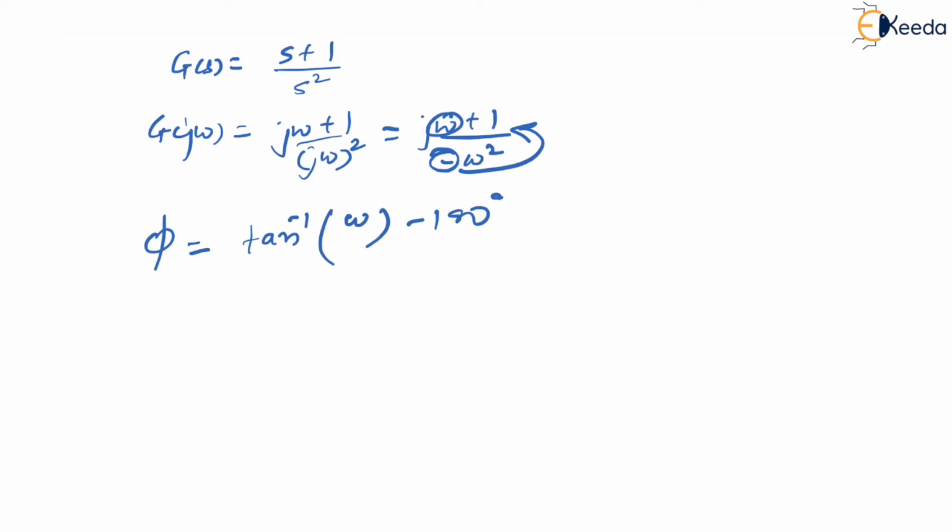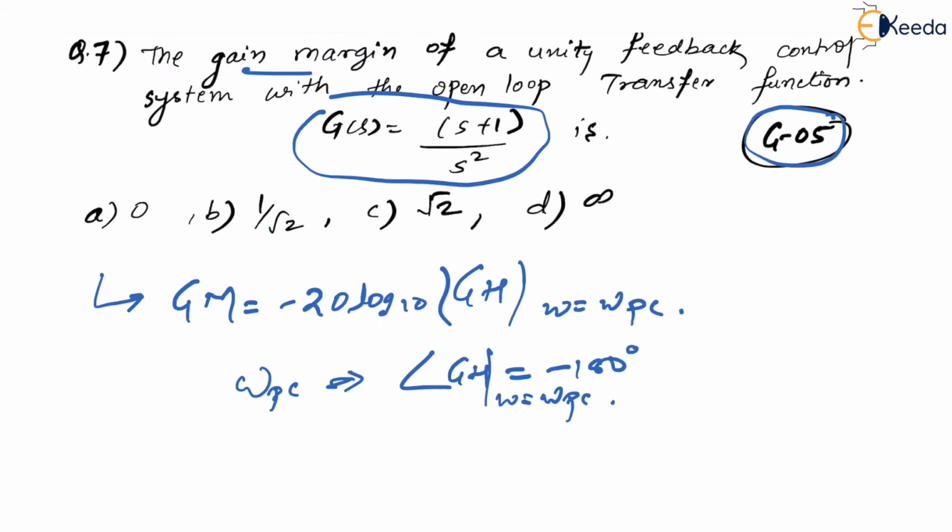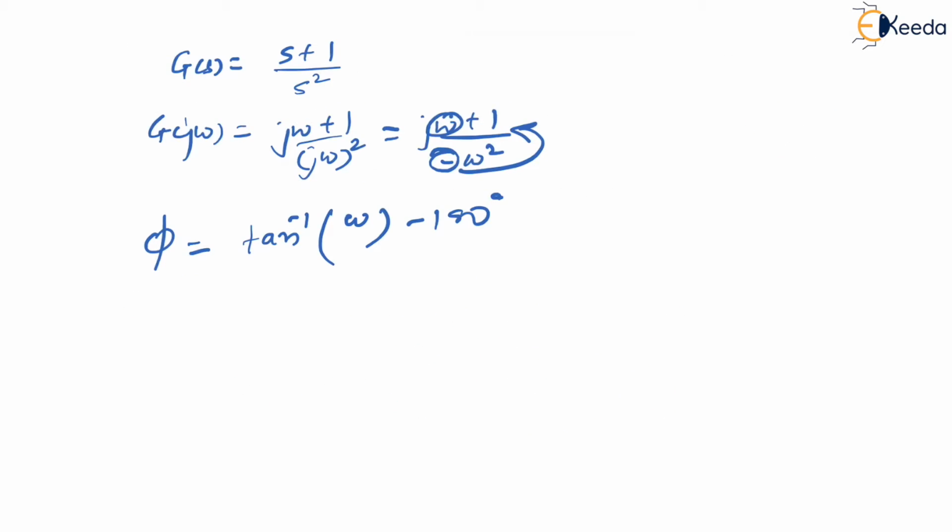If it goes on top, it becomes minus 180 degrees. Now, omega PC is the frequency when the angle of GH is equal to minus 180 degrees, right? So the angle of GH, let me put this as 180 degrees minus 180 degrees, which is equal to tan inverse of omega. Omega here will now become omega PC. This becomes minus 180 degrees.